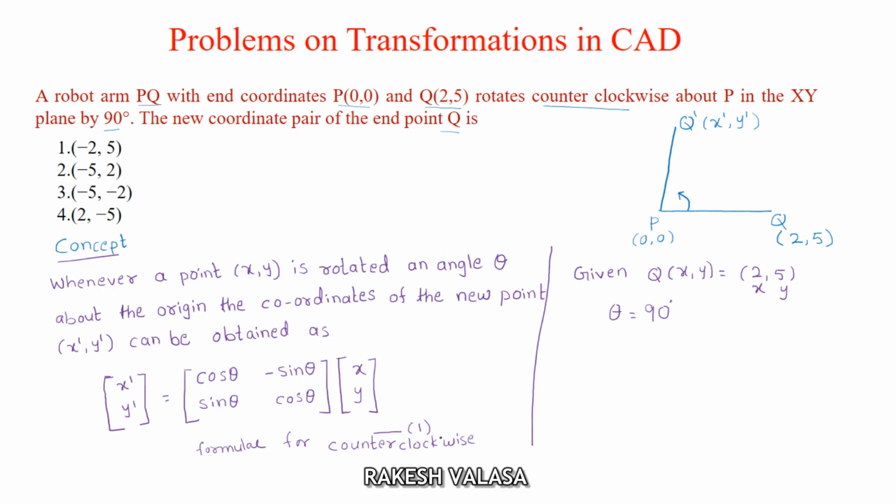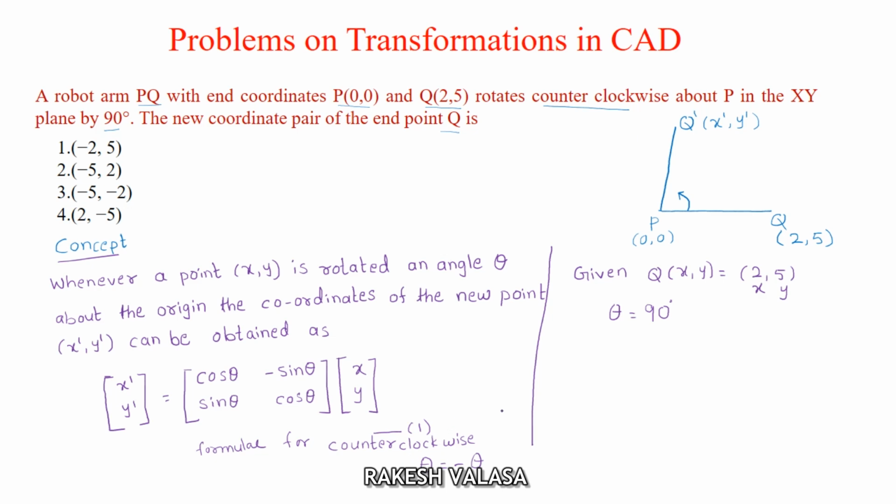Okay, for example, in the given question, he may give the angle with respect to clockwise direction. You can take theta equal to minus theta. That means cos of minus theta equal to cos theta, sine of minus theta equal to minus sine theta.